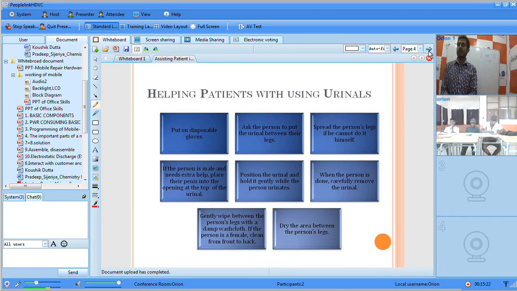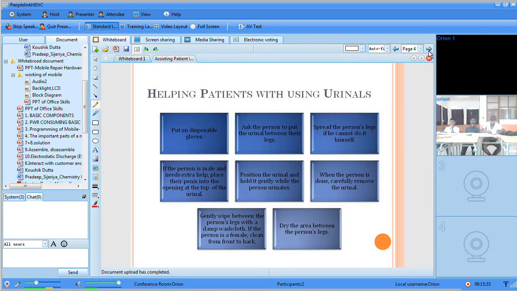So these are the points you have to maintain while helping the patients in the urinal process.